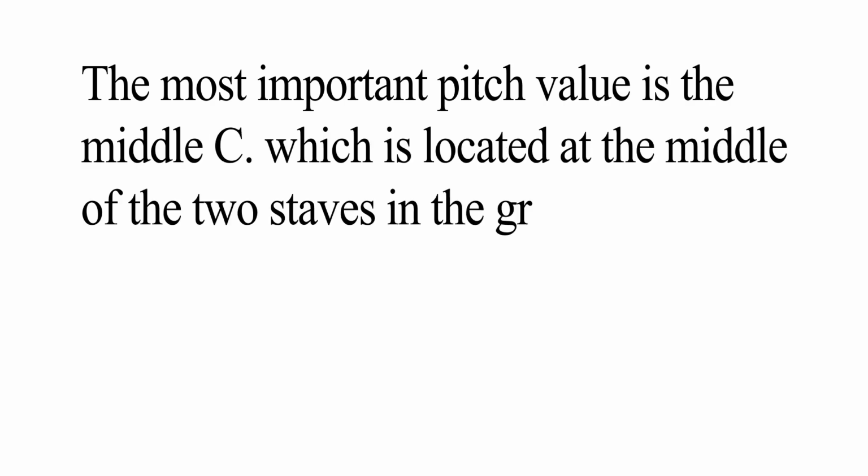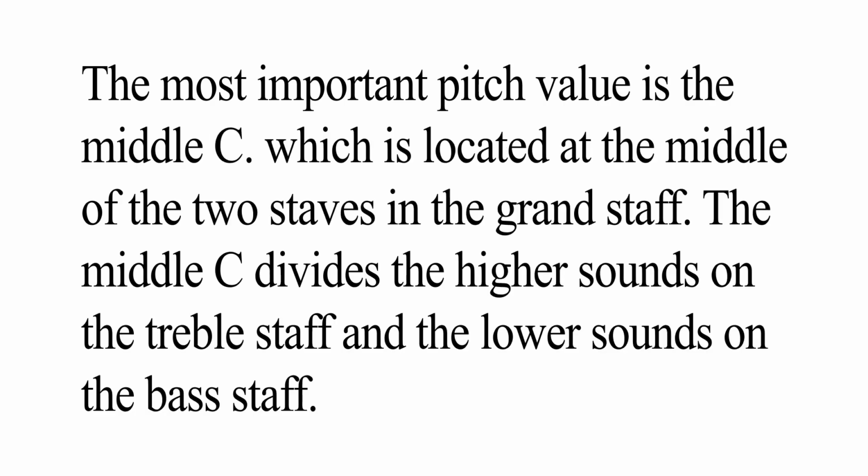The most important pitch value is the middle C, which is located at the middle of the two staves on the grand staff. The middle C divides the higher sounds on the treble and the lower sounds on the bass staff. This is the position of the middle C on the grand staff.